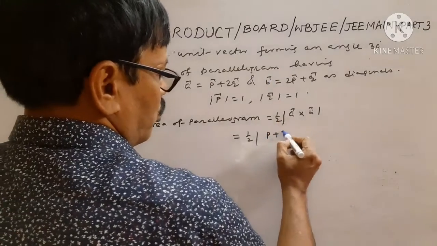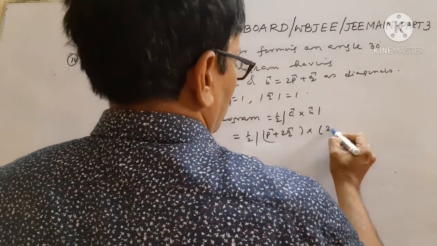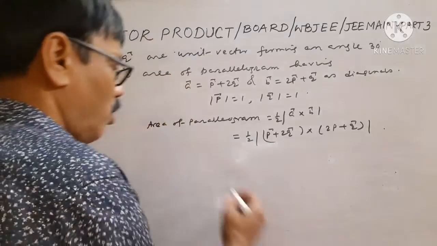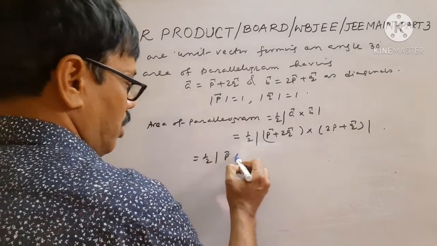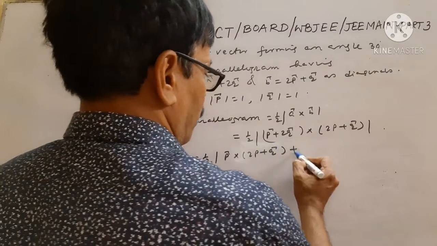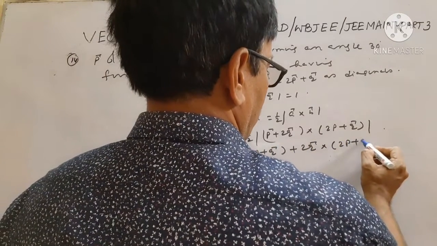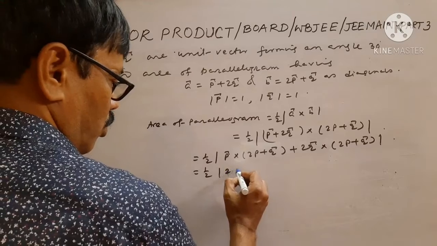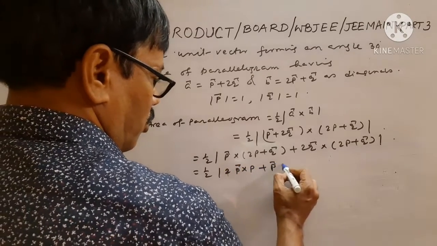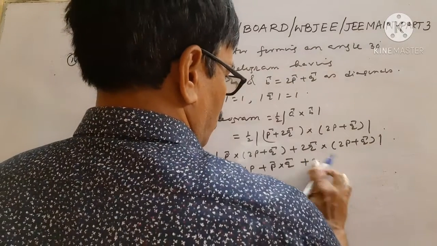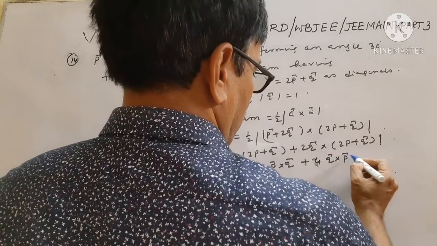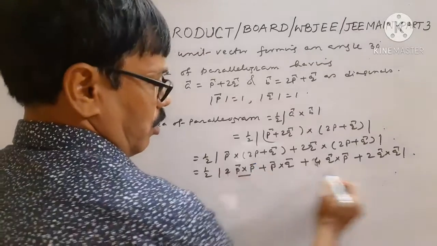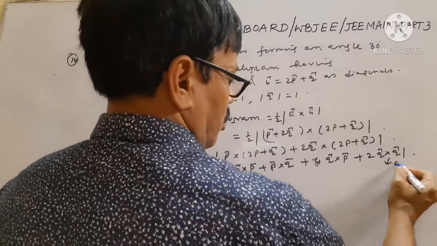A is P plus 2Q, cross 2P plus Q. Exactly the same way, cross product is distributive: P cross 2P plus Q plus 2Q cross 2P plus Q. So 2 into P cross P, which is 0, P cross Q, then 4 into Q cross P plus 2 into Q cross Q, which is also 0.